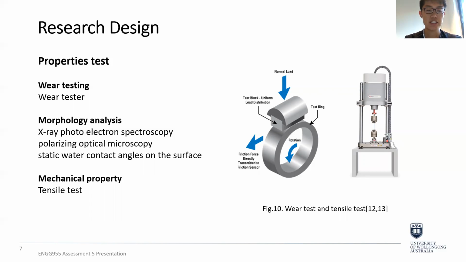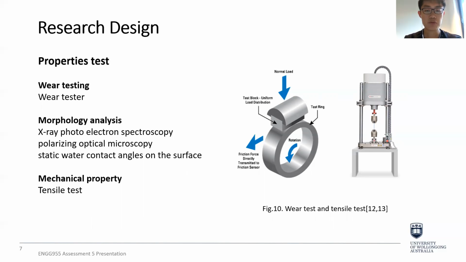The elemental condition of the samples for each group was analyzed by X-ray photoelectron spectroscopy. The distribution of UL-MWPE and UH-MWPE was observed by polarizing optical microscopy. The hydrophilicity of samples was gauged by the water contact angles.